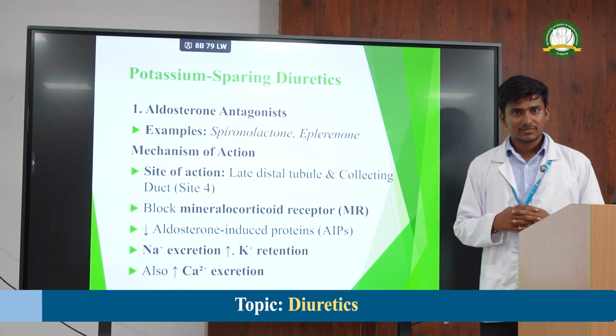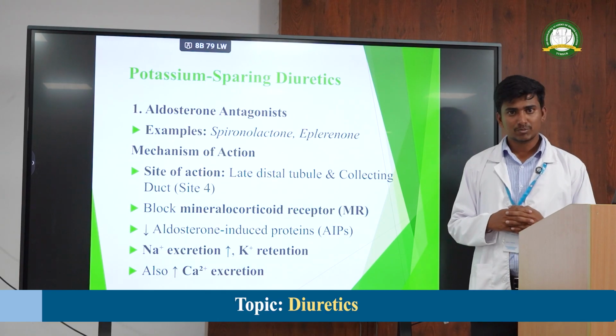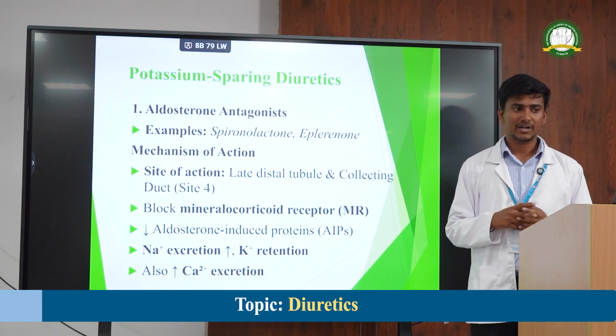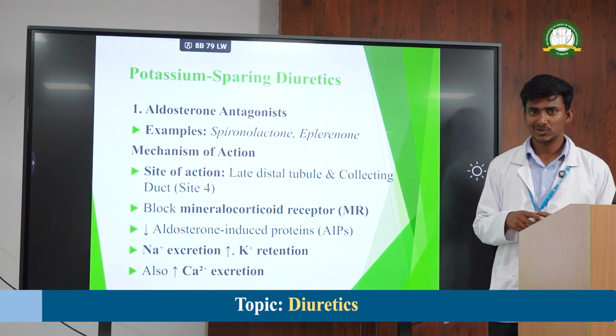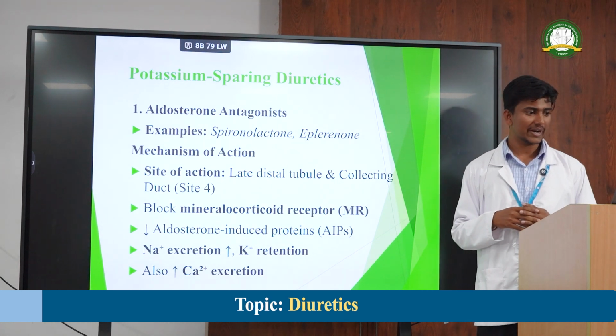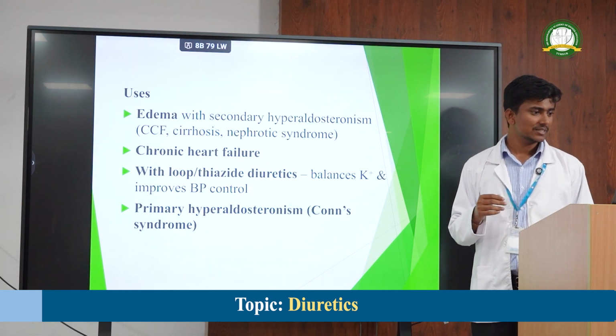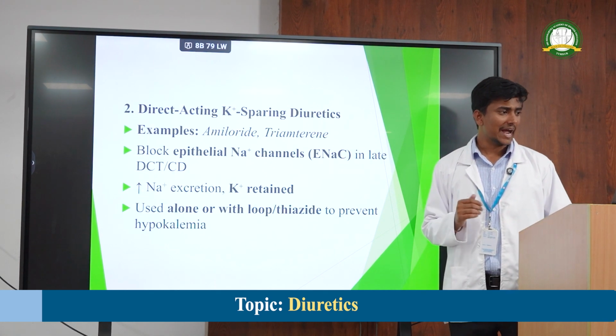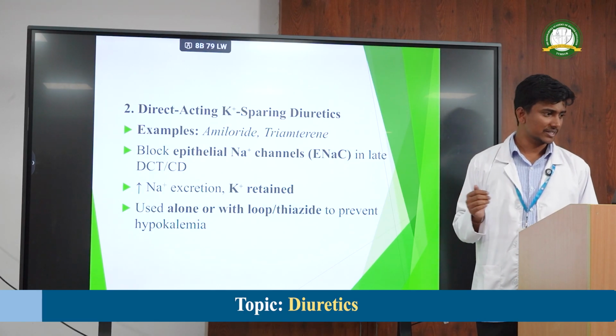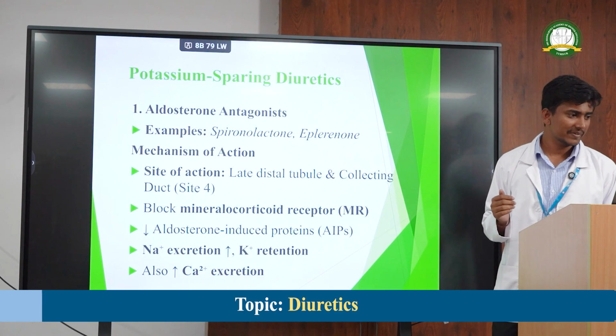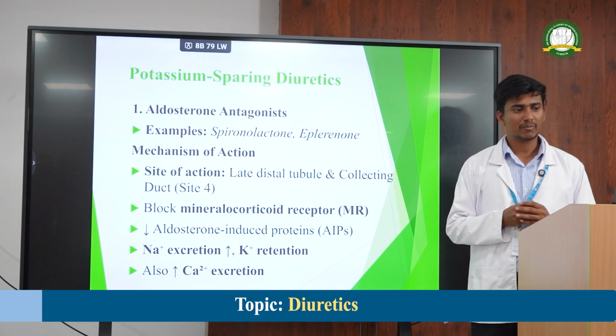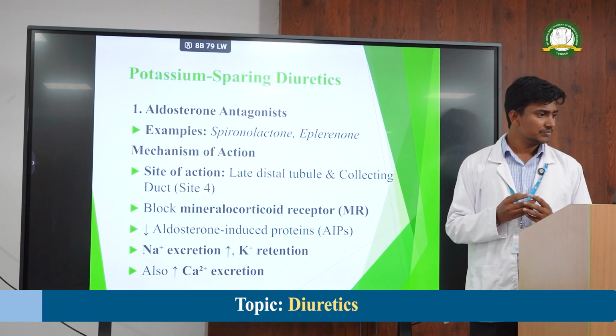Next class of drugs, that is potassium sparing diuretics. These potassium sparing diuretics are subdivided into two classes, that is aldosterone antagonists, and direct acting potassium sparing diuretics. First we will see aldosterone antagonists. An example is spironolactone.